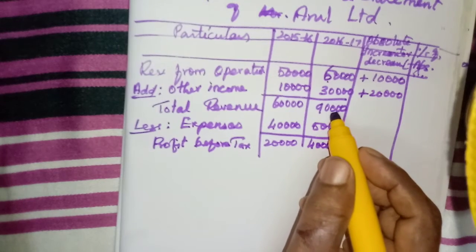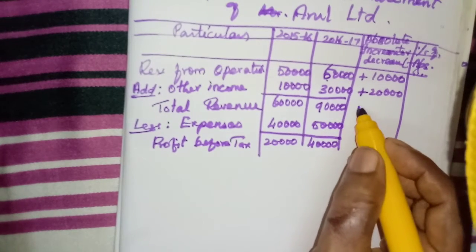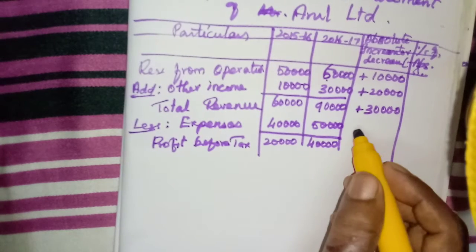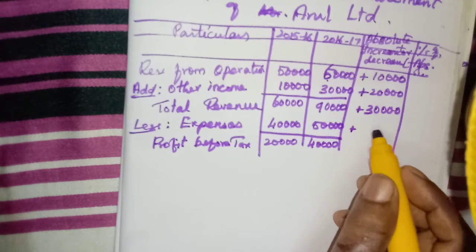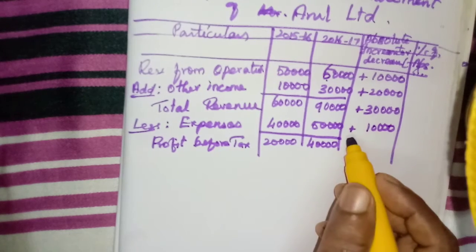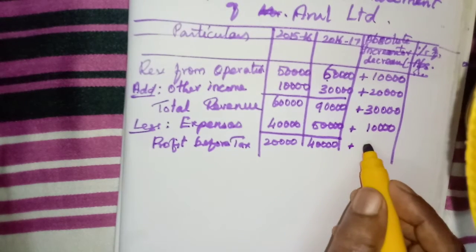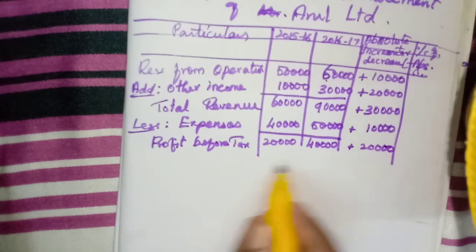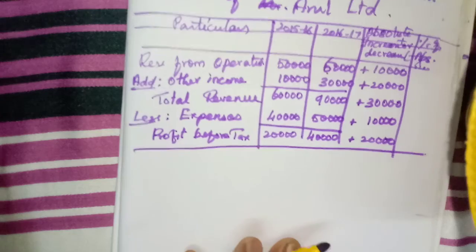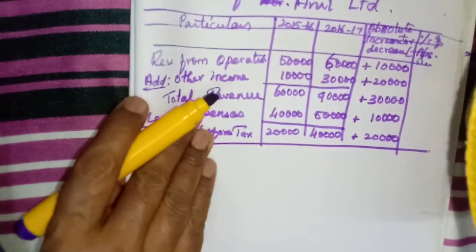Here plus 30,000, plus 10,000. Here plus 20,000. Now only this much. This one is very important, we are going to calculate that.